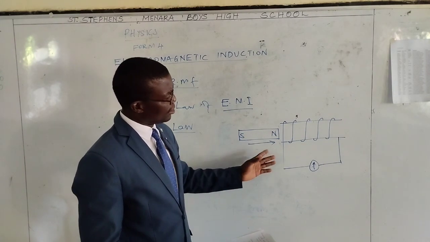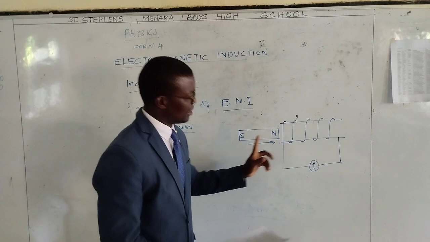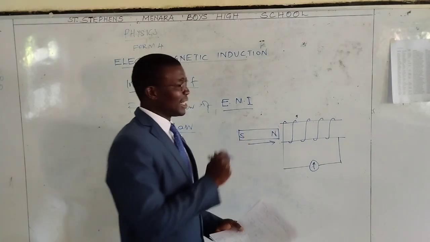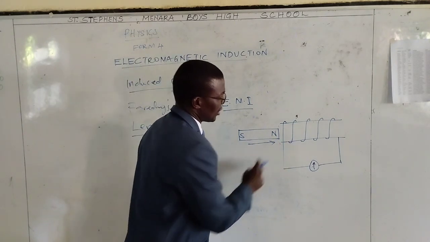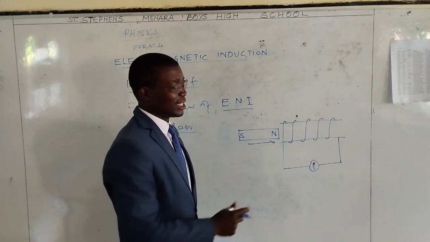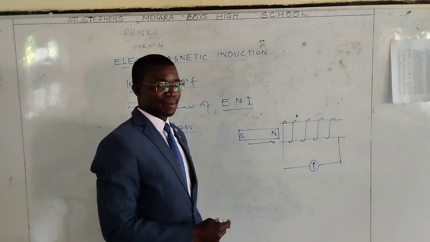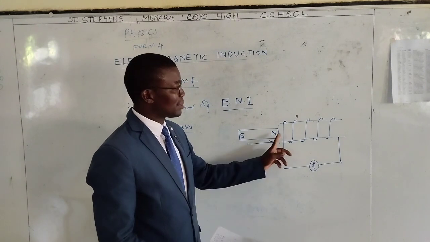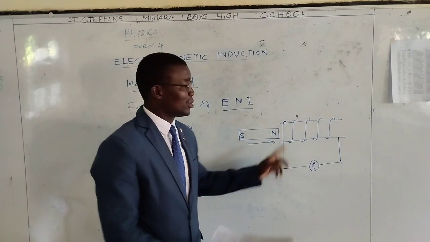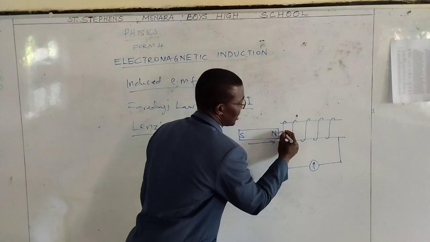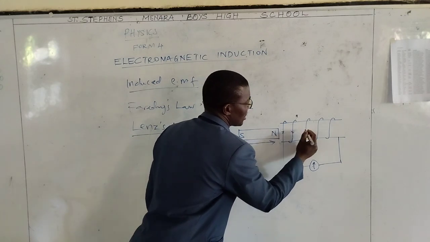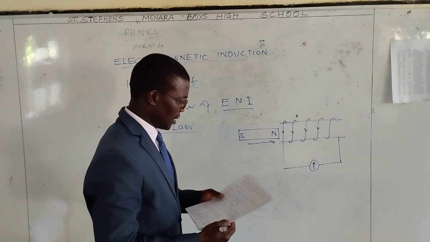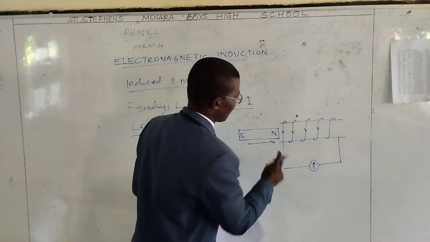And therefore, for this north pole to be formed at this particular end, the flow of current in this coil should ensure that a north pole is created here. According to clock rule, current must be flowing in the anti-clockwise direction at this end of the coil. So this is how current will be flowing at that particular end of the coil.